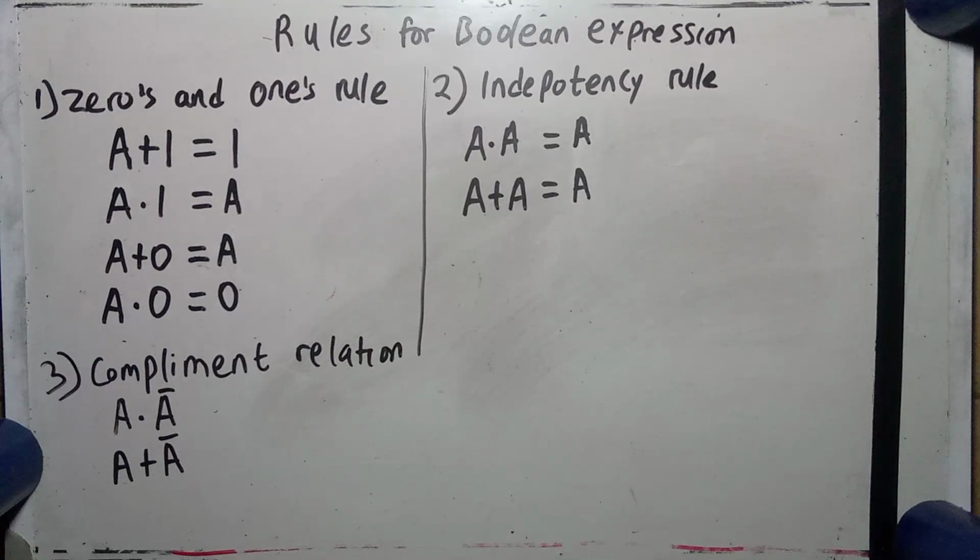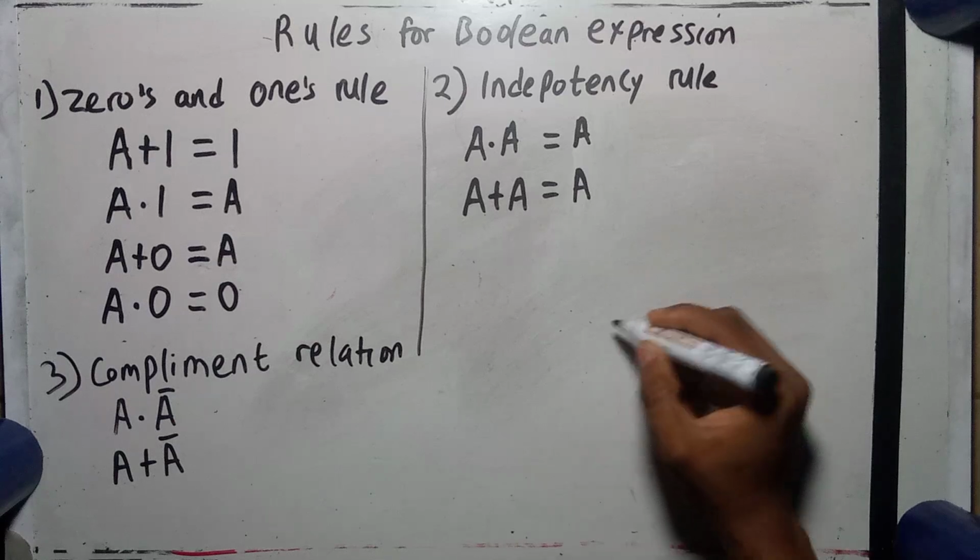Now what will be our answer? So we are now having A multiplying what it is not. So let's write it down.